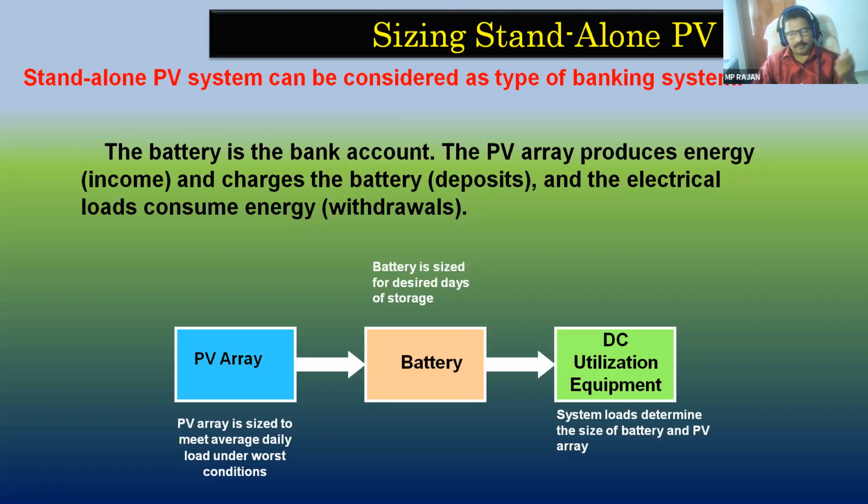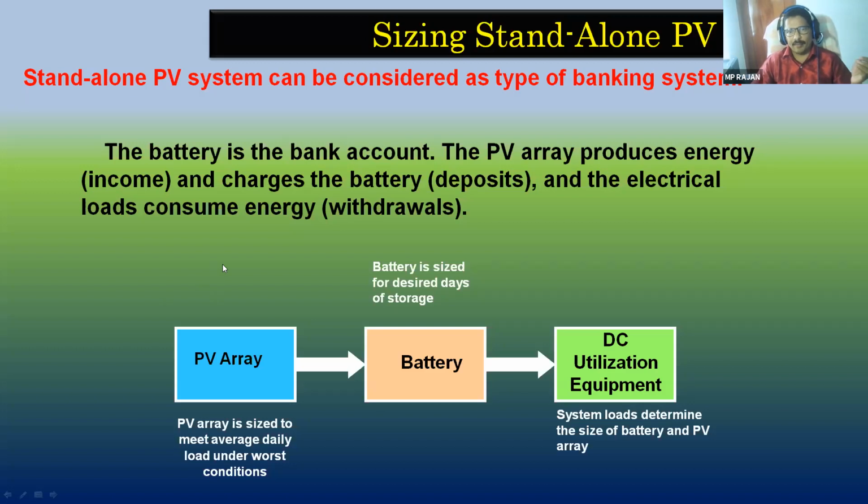You will withdraw money from the bank. In the same way, we can take the energy stored in the battery to operate the inverter and to operate the load. So whenever you need a load and need energy, you can take an AC load from the battery through the inverter, and if it is a DC load, you can take it directly from the battery.